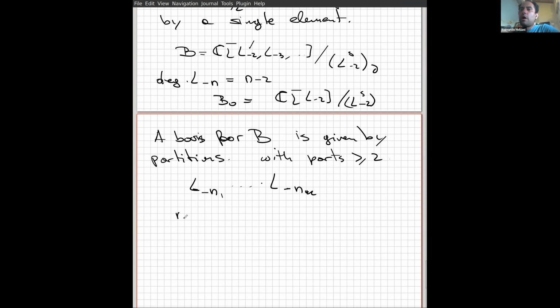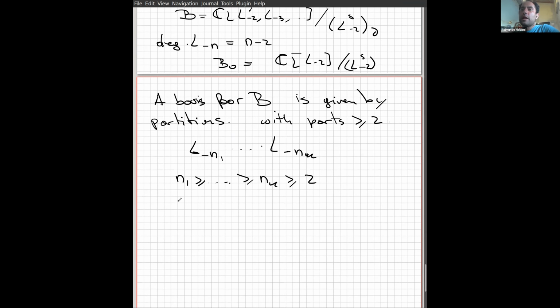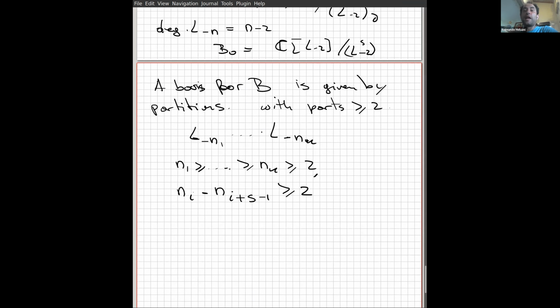All of them are bigger than 1, and bigger or equal than 2 as we needed before. But now you're going to ask that ni minus n(i+s-1) is bigger or equal than 2. And these partitions appear in the Rogers-Ramanujan identity. So these partitions, you know how to count.